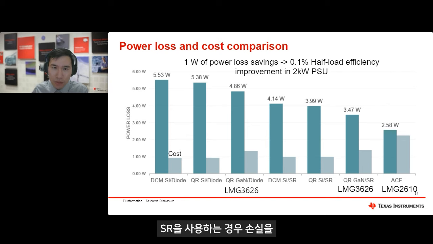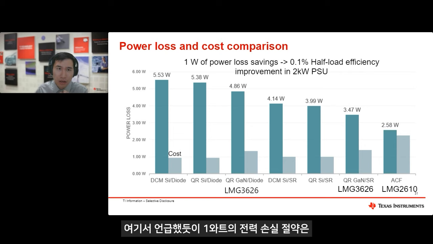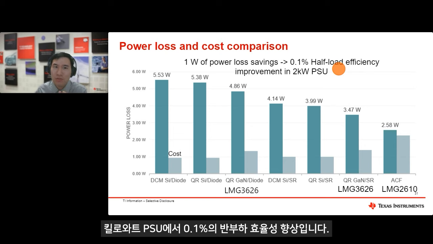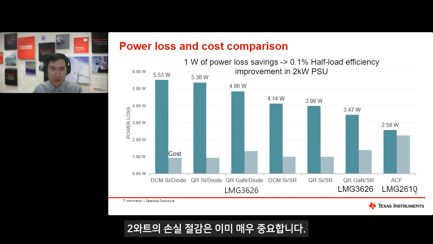And if you're using SR, that is a further reduction of your losses. You can achieve more than 2 watt loss savings there. As I mentioned here, 1 watt of power loss saving is 0.1% half load efficiency improvement in a 2 kilowatt PSU. So 2 watt loss saving is already very critical there.